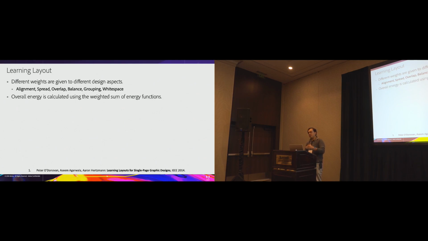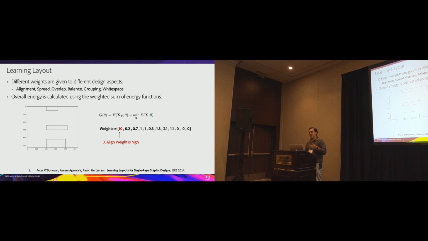We have a weighted sum of these energy functions and a nonlinear inverse optimization algorithm that can iterate with an initialization to find a good set of weights. The weights indicate how each of these factors is weighted. This is just an example value, not the actual value that we finally got. But the idea is these weights indicate how much importance we give to those individual factors. And why is this important?